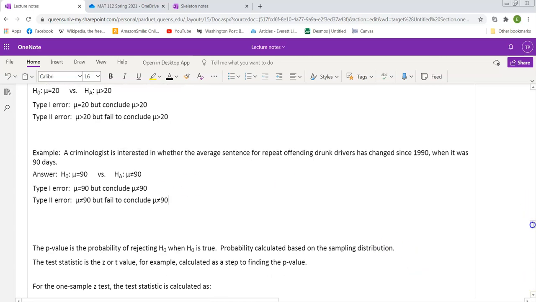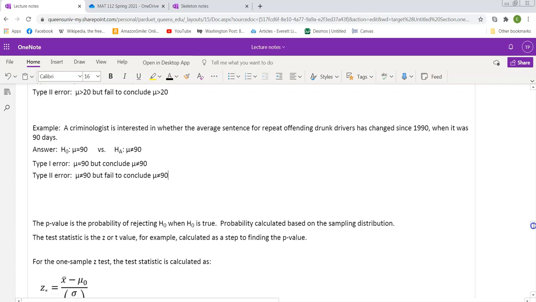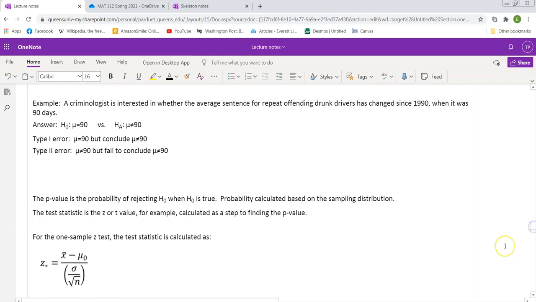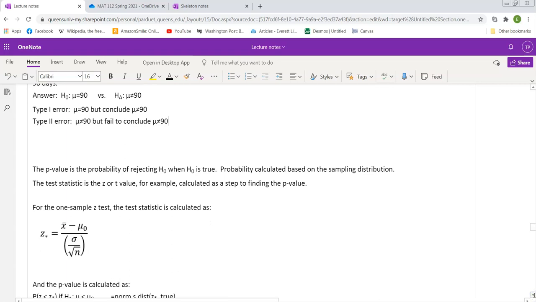So that's what the p-value is, and it's calculated based on the sampling distribution. And the test statistic is really just a step on the way to finding the p-value. You can run a test based on the test statistic, but in the real world, people just use the p-value. So we're just going to go straight to that.